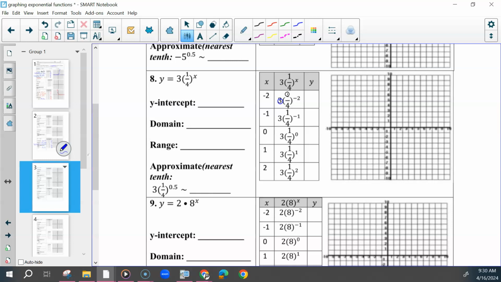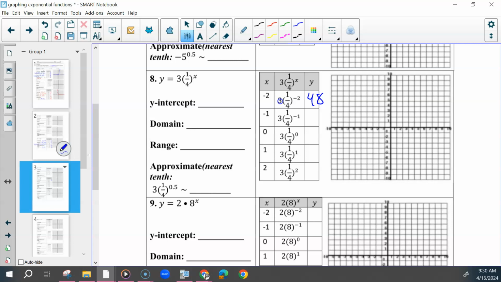So this would be 16 times 3. What would 3 times 1/4 to the -1 be? 1/4, take the base, flip it, raise it to the power of +1, multiply it by 3. 3/4.